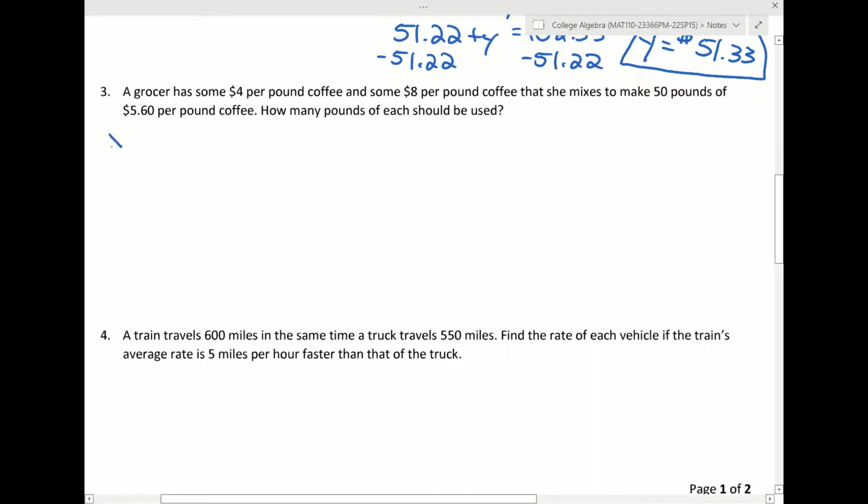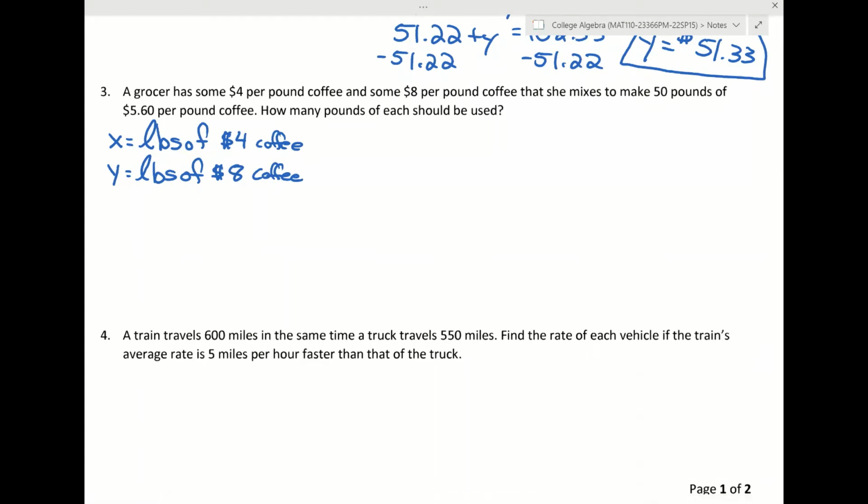And let's first let X represent the pounds of $4 coffee. And let's let Y represent the pounds of $8 coffee. So at least we know when we go to solve this, we'll get X is equal to the $4 and the Y is equal to the $8.